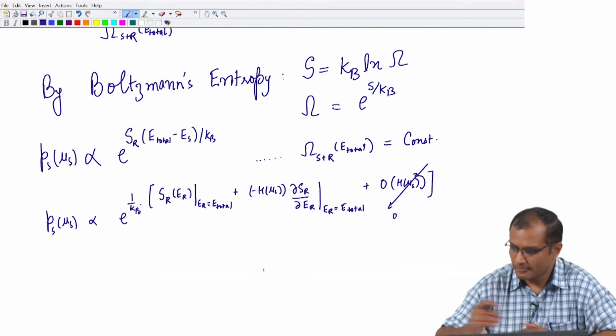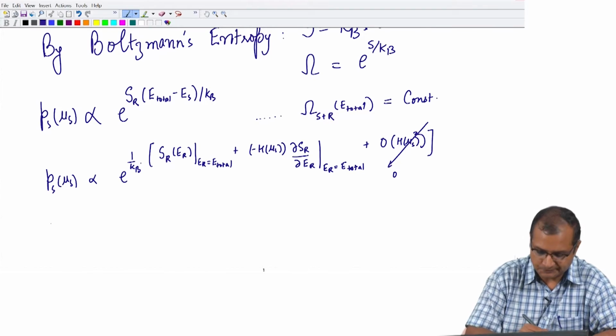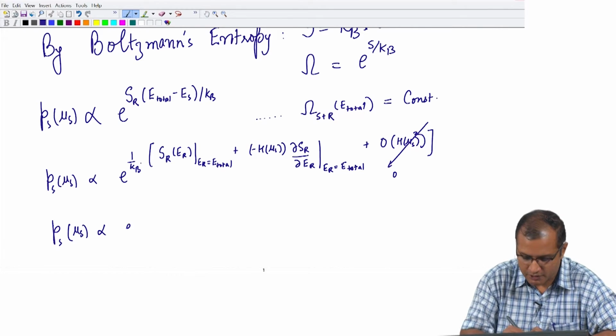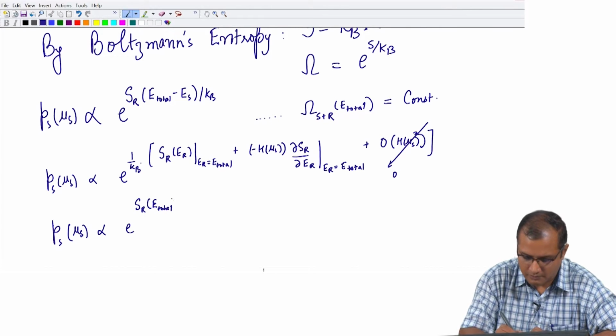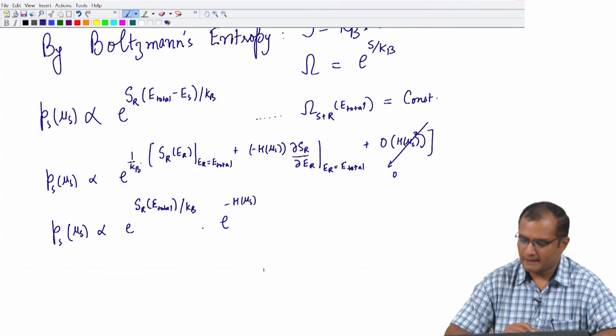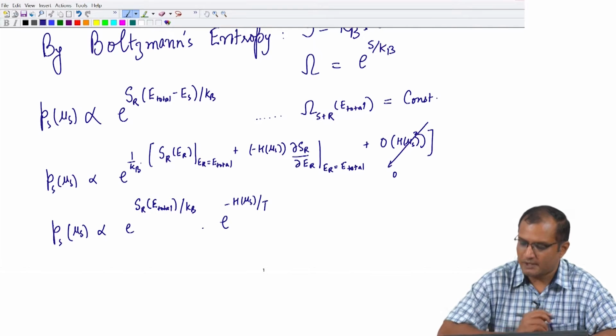Okay. So, this can be simply written as, I can take this P of mu s as simply proportional to e to the power S r E total over k b, into e raised to minus H mu s, and dS by dE is nothing but the temperature of the reservoir.